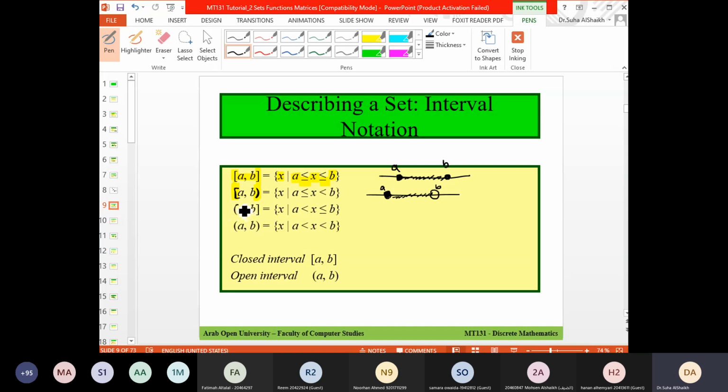If I have circular عند ال A and I have a square عند ال B, it means the B with me, and the A is not. So on the number line, the A is not included, and the B will be included. This is A, and this is B, and all the numbers between A and B are.